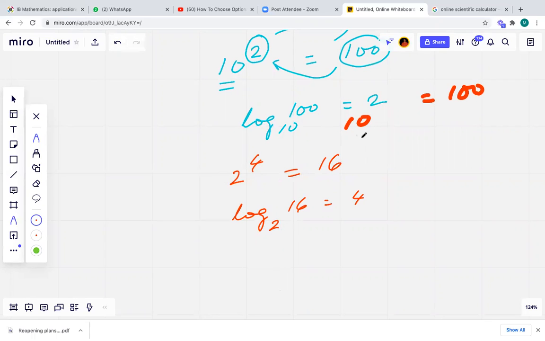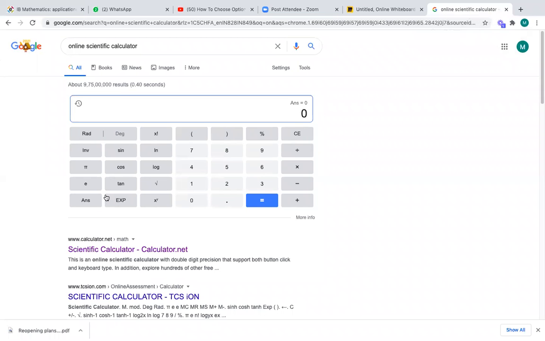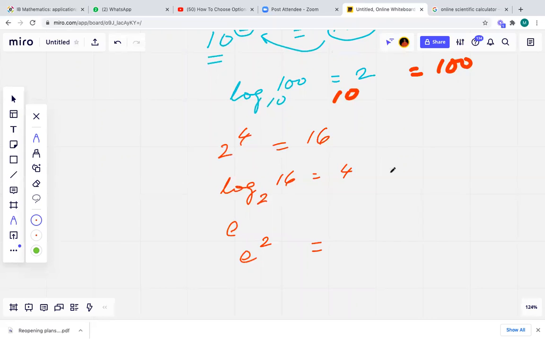But when the base is e, it's called the natural logarithm. If I say e raised to 2 equals how much, just check. e raised to 2 is 7.389, so it's 7.38.